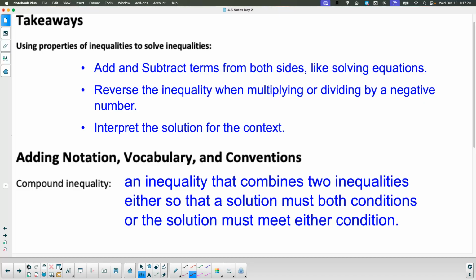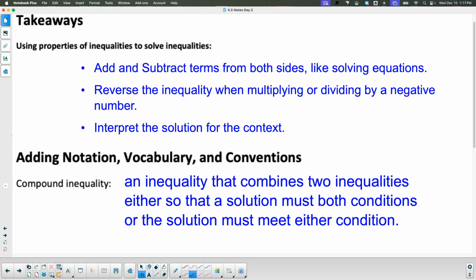We multiply and divide in an inequality the same way, except the only difference between an equation and an inequality is this middle one right here, where we have to reverse the inequality when we multiply or divide by a negative number. Okay? That's the only thing that's different between solving an equation and an inequality, is we have to reverse that if we multiply or divide by a negative number. Okay?